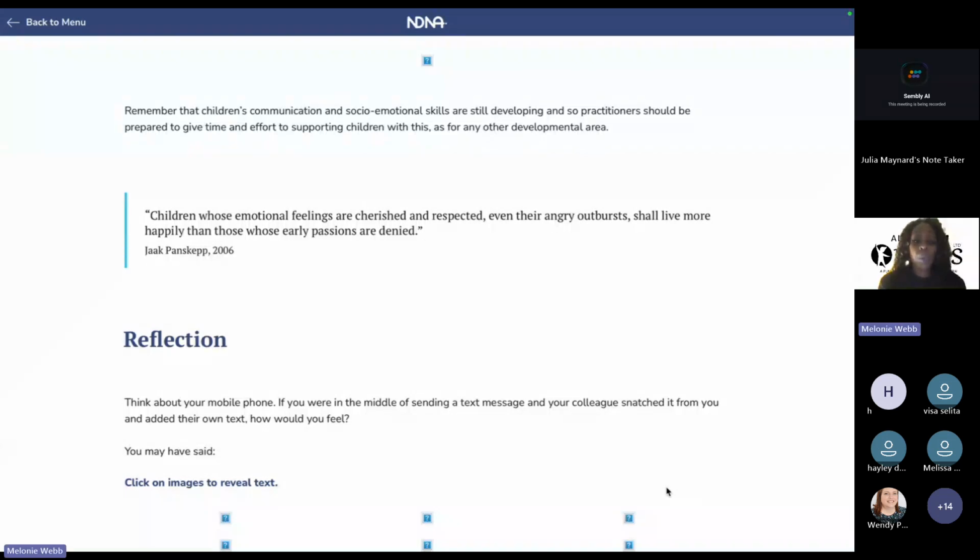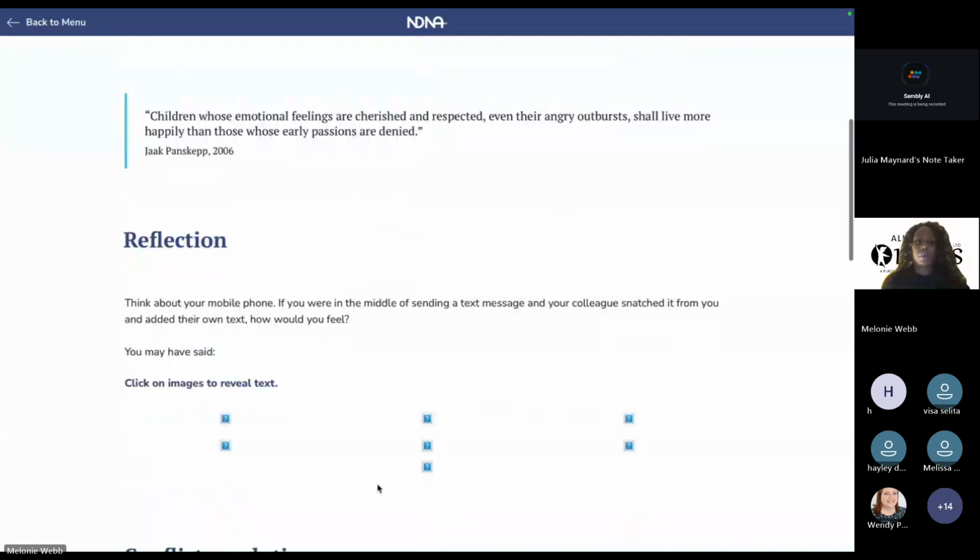So think about your mobile phone. If you're in the middle of sending a text message and your colleague snatched it from you, but a lot of you are parents and you all know how it feels. You're in the middle of sending a text message and all of a sudden your child's like, oh, can I just borrow your phone? There's something I just need to watch on YouTube. Think about how it makes you feel.